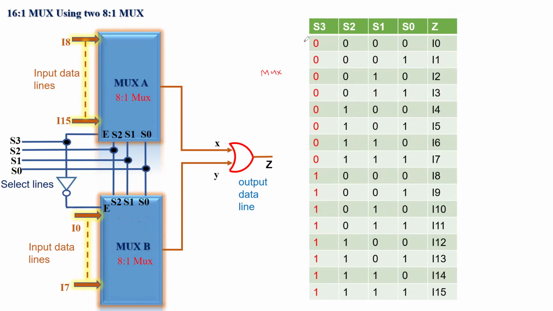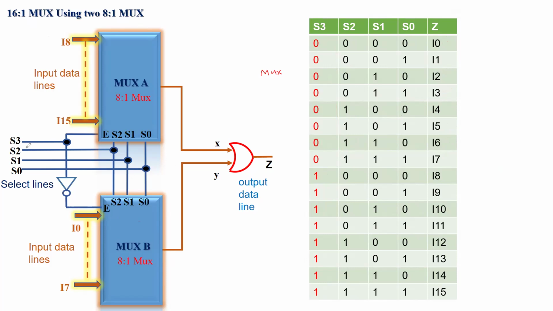So you see here for the first 8 rows where S3 is 0, and for the S2, S1 and S0, you have got 8 possible input combinations of the select lines. So depending on the combination of the select lines, I0, I1, I2, I3, I4, I5, I6 or I7 gets connected to the output.